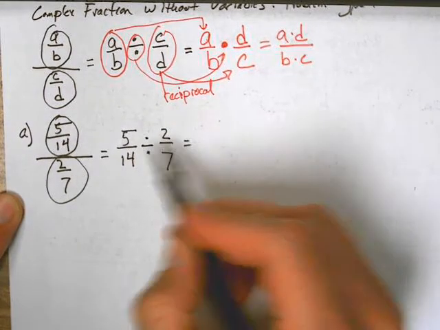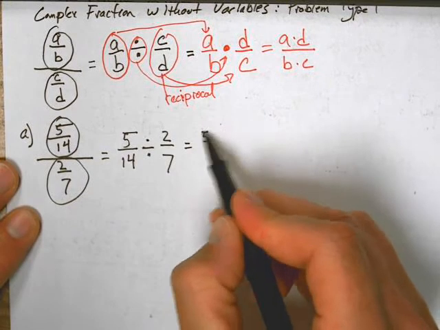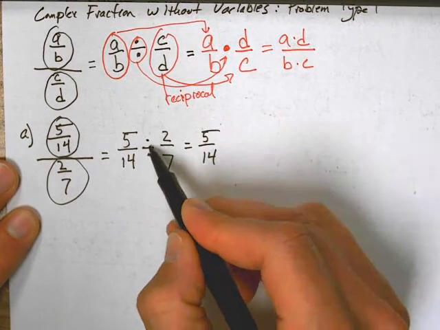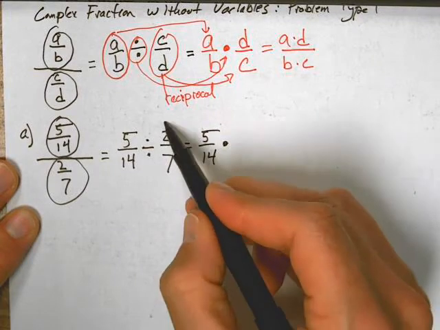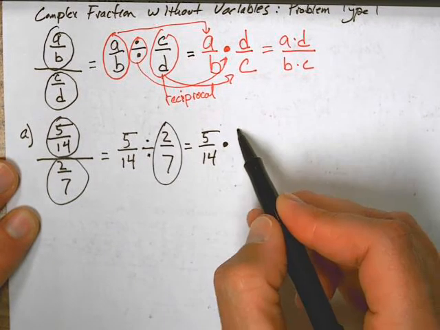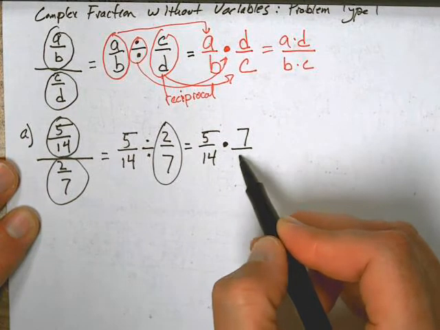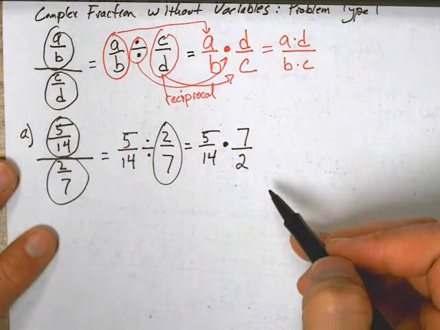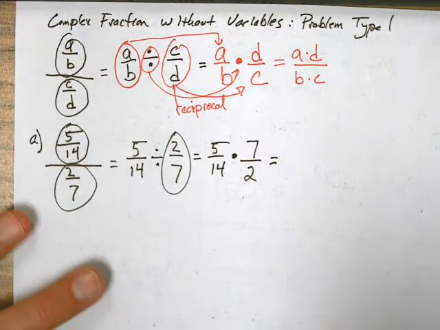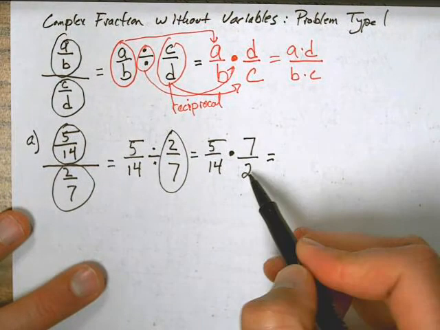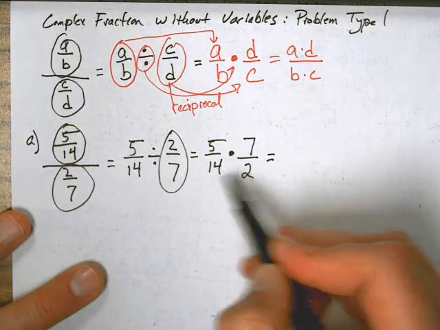Now what I'm going to do is keep the first fraction as 5/14. Then I'm going to change this into multiplication. And then I'm going to do the reciprocal of only that guy, which would be 7 over 2. Now, if you remember the shortcut for multiplying fractions, instead of multiplying across, I always like to see if I can cancel out common factors.